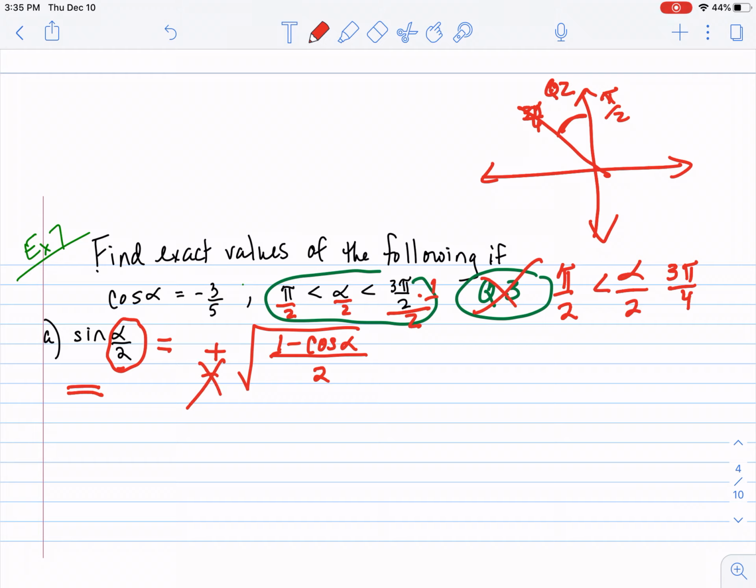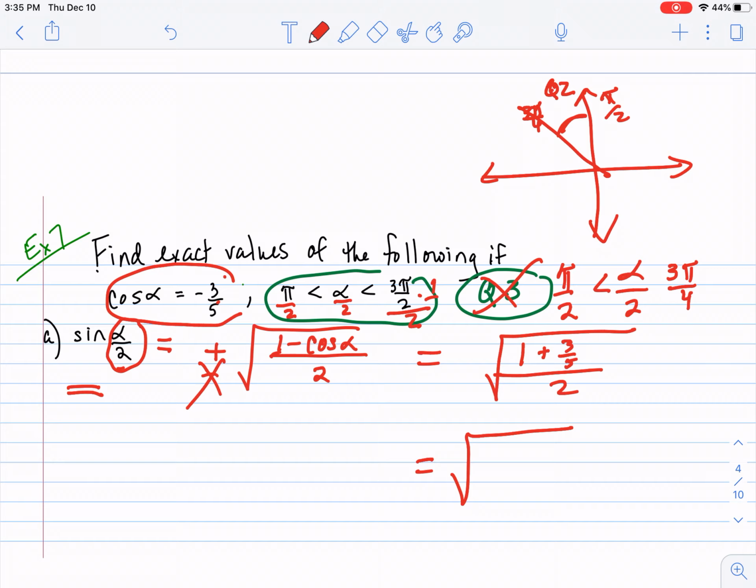So we're going to get rid of that negative sign. So it's going to be a positive square root of 1 minus the cosine of alpha. Well, I just told you cosine of alpha is this. So it's going to be 1 minus a negative 3/5, so 1 plus 3/5, all of that over 2, which is equal to 5/5 plus 3/5, all over 2, which is equal to 8 over 5 over 2.